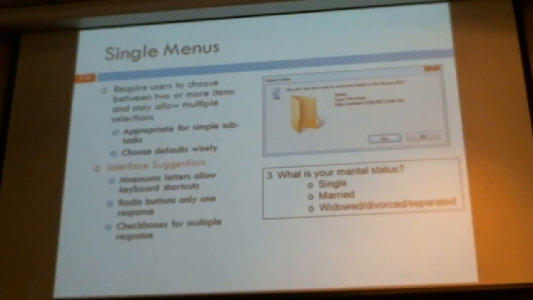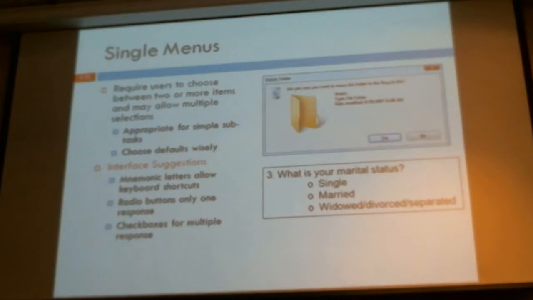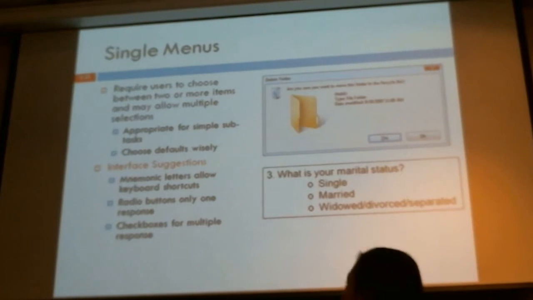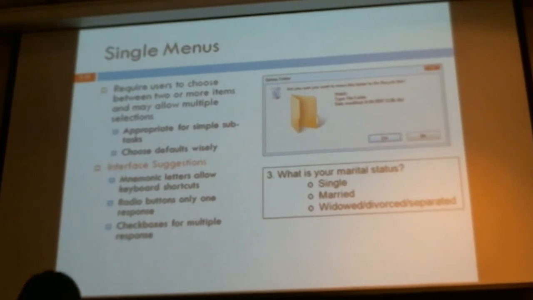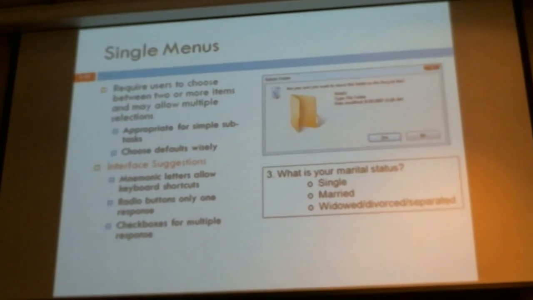Alright, so there are different types of menus out there, and you want to think about these when you're designing a new interface. There are single menus that require users to choose between 2 or more items and may allow multiple selections. These are appropriate for simple subtasks or choosing, so you want to choose defaults wisely. And realize that the textbook takes a very liberal definition of what a menu is.